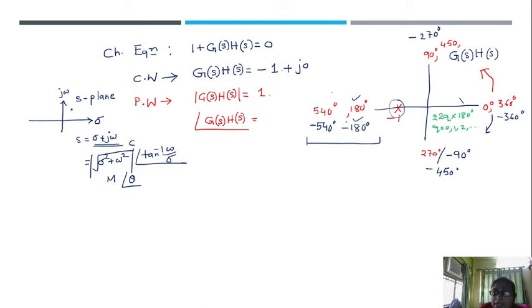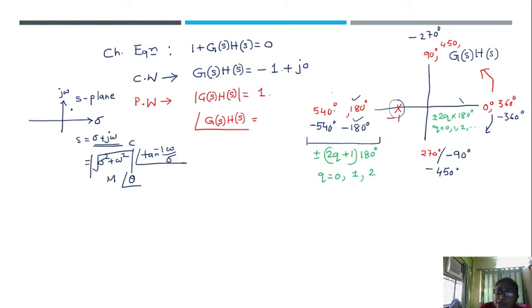Similarly, if we want to get this axis, the expression will be plus or minus (2q plus 1) into 180 degrees. That means when q equals 0, it is plus or minus 180 degrees. If q equals 1, it is equal to 540.